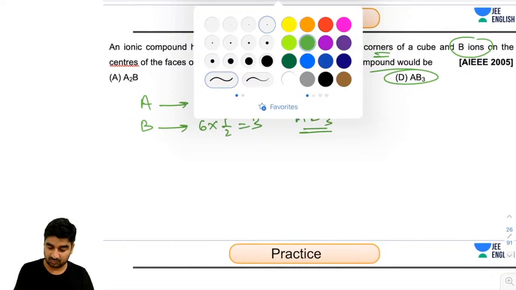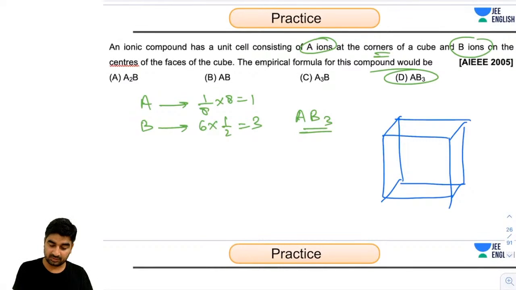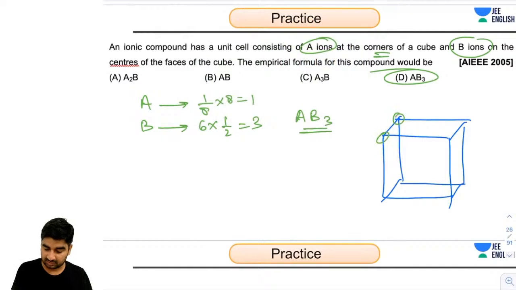So if you're asking for this diagram, guys, I will explain it to you. When we are talking about the corners, if atoms are present at the corner, 8 atoms will be here.